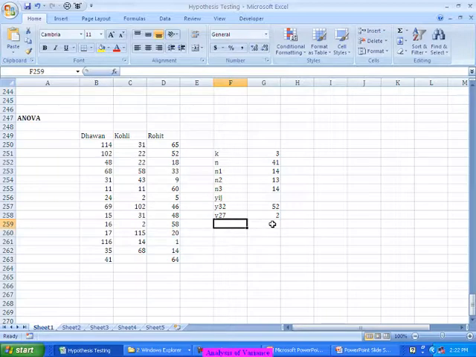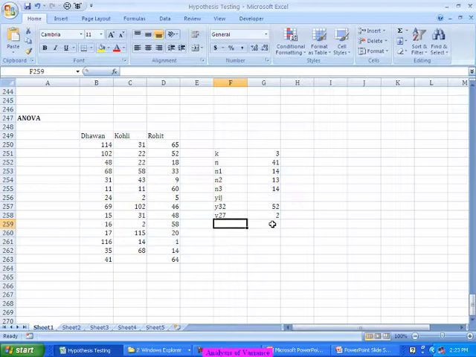Our intention is to compare whether the mean runs scored by Dhawan is the same as that of Kohli and Rohit. That is the major intention in this analysis. Is the average of each of these 3 players more or less the same, and is it equal more or less to the overall mean of the population?